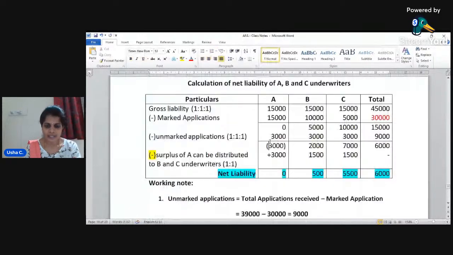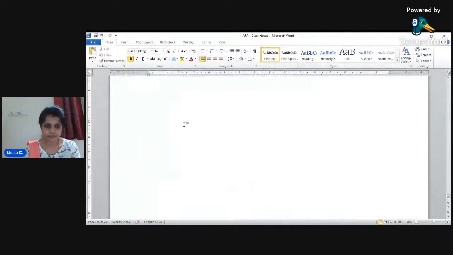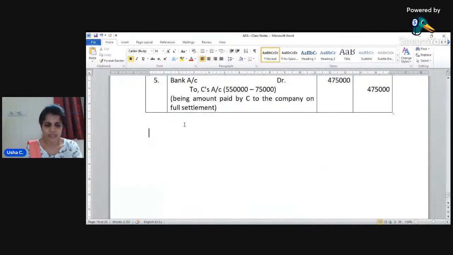Now let us discuss one more method. Method 2, when there is firm underwriting.